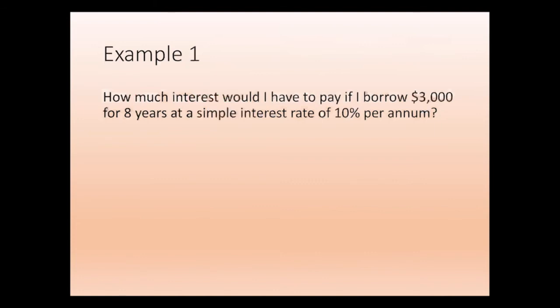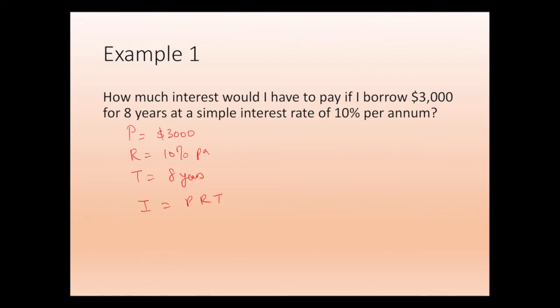Let's do some examples. How much interest would I have to pay if I borrow $3,000 for 8 years at a simple interest rate of 10% per annum? Now I will write down P equals 3,000, R equals 10% per annum, T is 8 years.